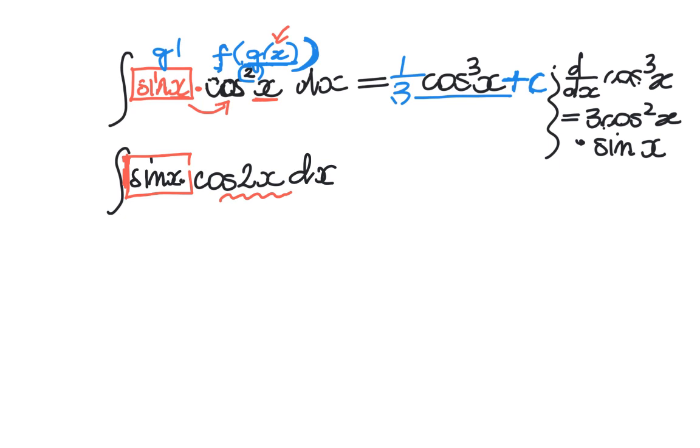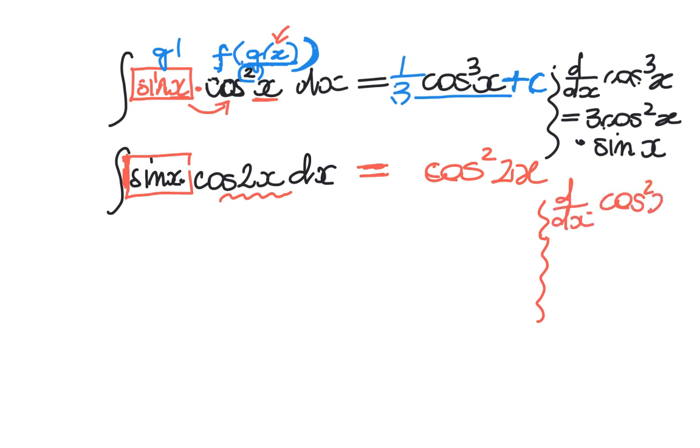So what I can do here, if I try to take a guess, let's say I guess cos square of 2x to be my answer, what is the derivative with respect to x of cos square of 2x?